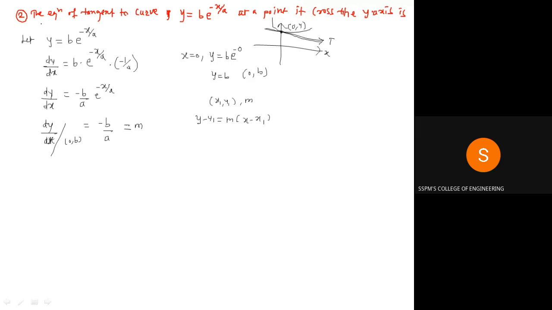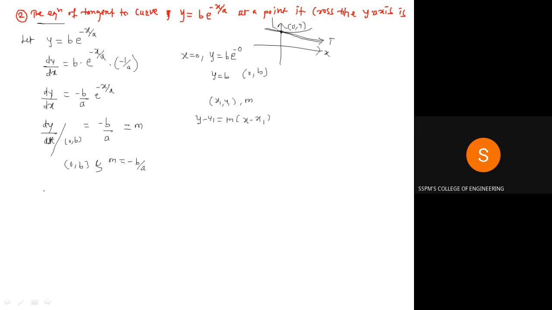In this question, what they asked is to find the equation of tangent, not only their tangent or their slope. So the equation of tangent is obtained by using the slope point form. The tangent which passes through the point (0, b) and having slope m equals minus b by a.